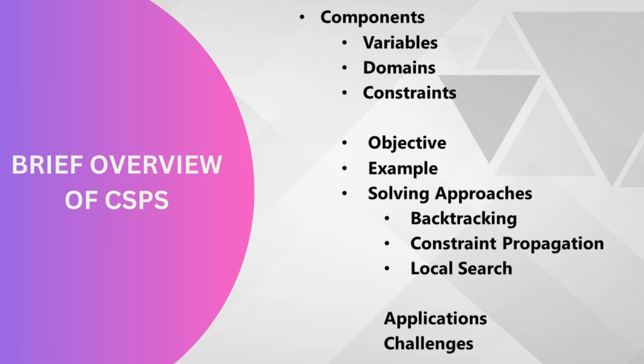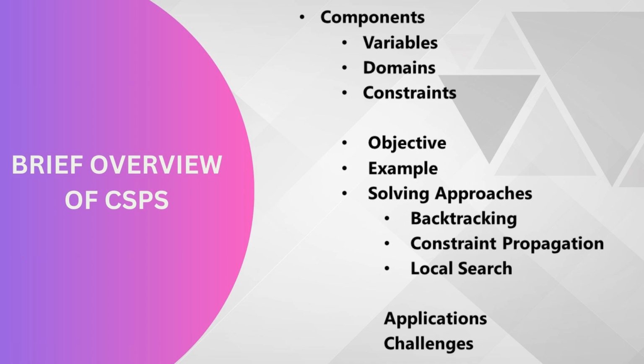First, components. Variables: the variables represent the unknowns or entities whose values need to be determined. Next, domains: each variable has an associated domain which defines the possible values that the variable can take.